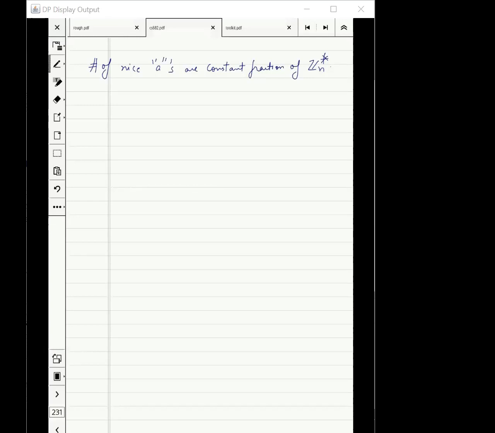You just look for A's such that the order of A is even and A to the power R by 2 is not equal to -1. And once that happens, then we can celebrate and have a party. Right? Then we have found the factorization, or I should say a non-trivial factor.